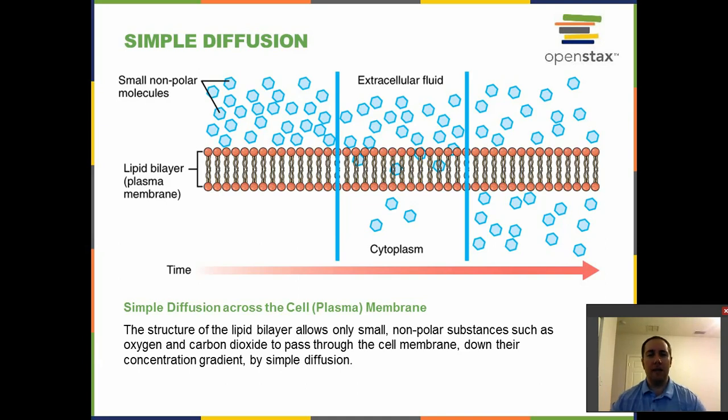Diffusion just means things move from where there's a lot of something into where there is little of it. So in that example, when that person puts the cologne on in the back of the class, there's a lot of cologne in the back of the class, and it is slowly going to spread out. Think of taking a glass of water and putting a single drop of food coloring in it.